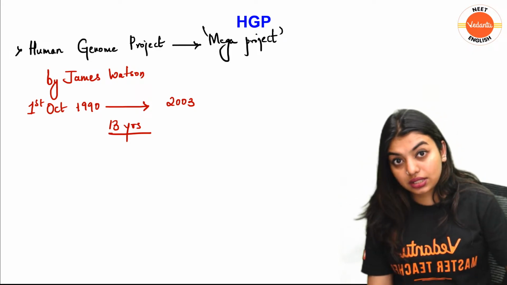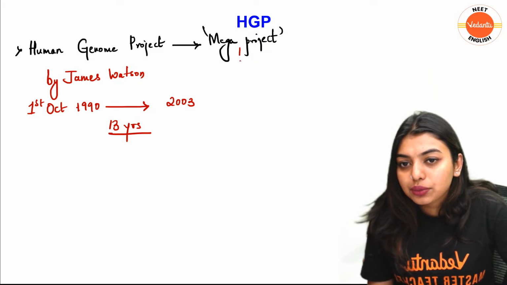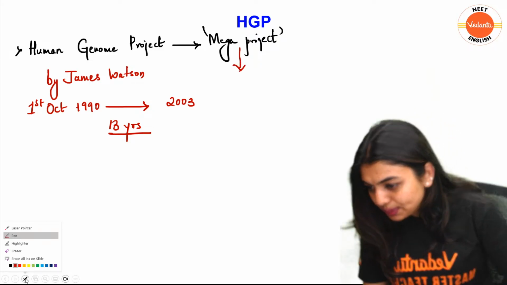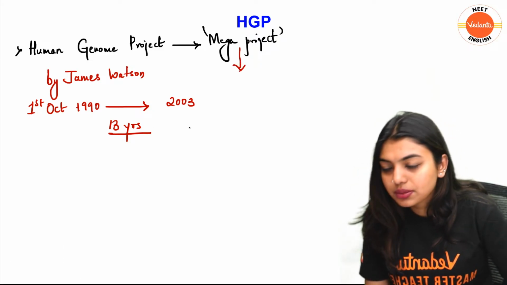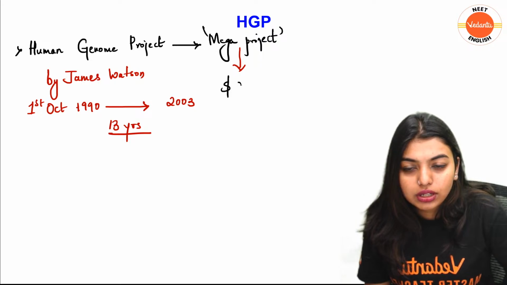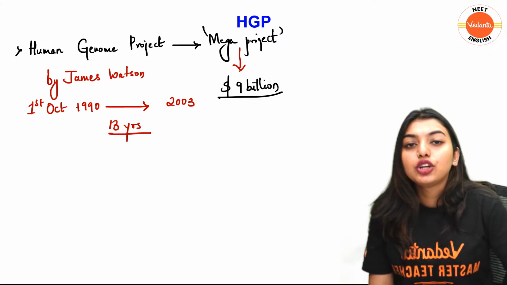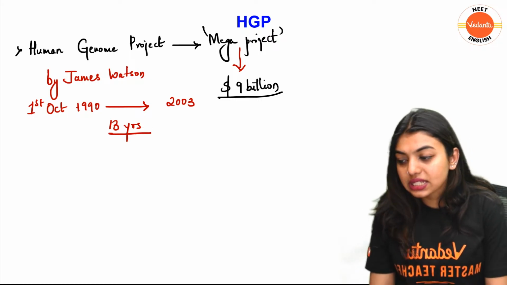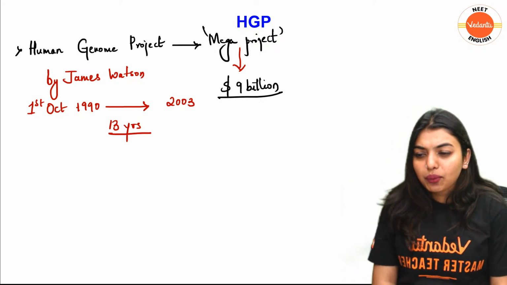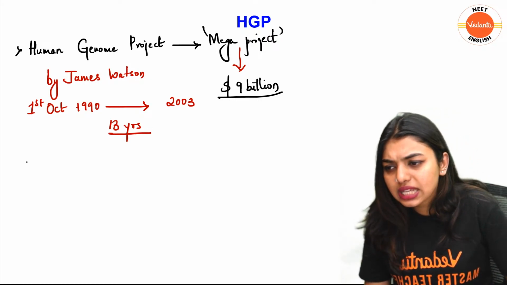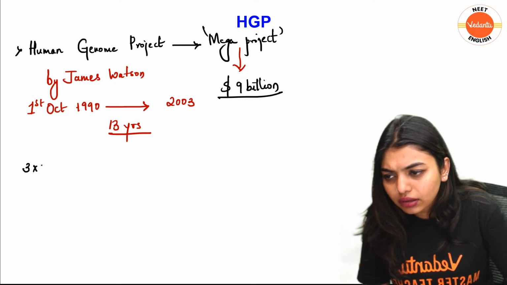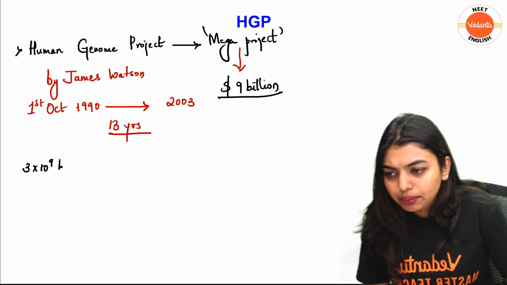I told you, mega project, no? The budget of this entire project was $9 million. What was this project aiming for? It was aiming to identify all the 3 billion base pairs of our human genome.